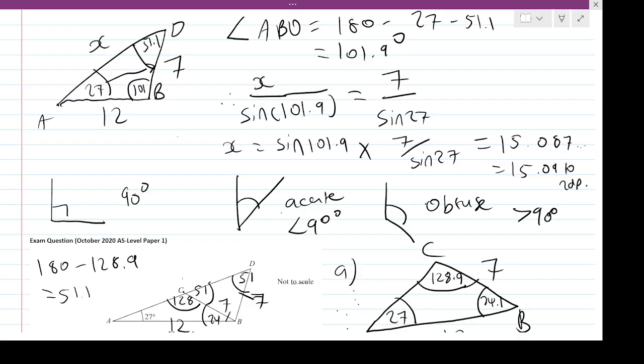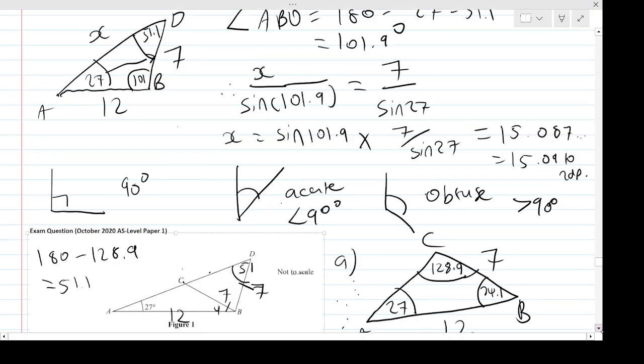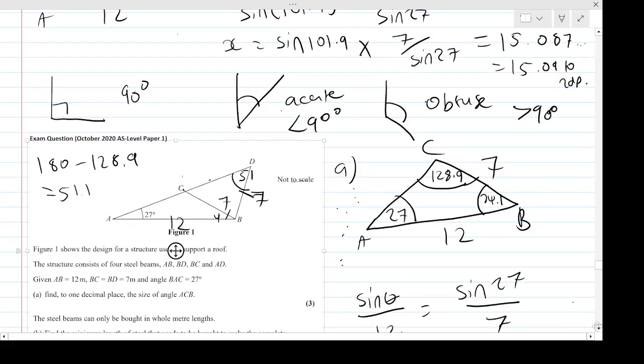So then I know what AD is as well. If I get rid of these angles in this diagram, I know this side AD is 15.09. So now I have all 4 sides.